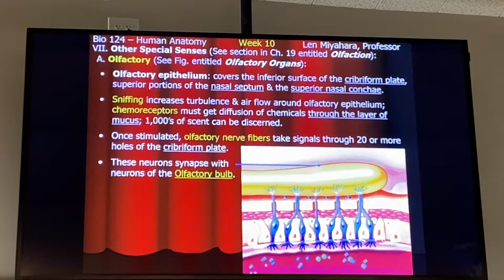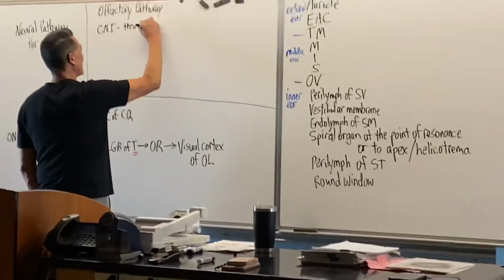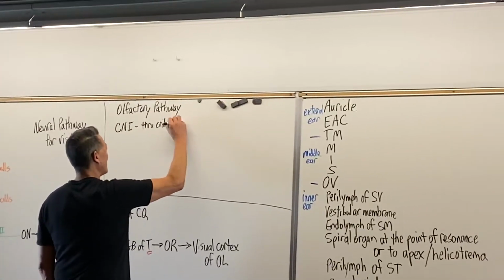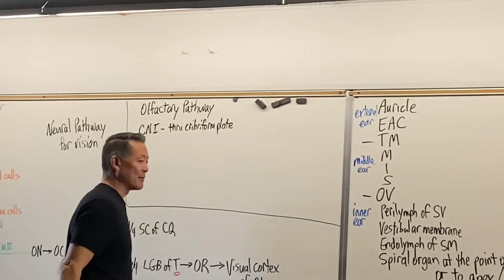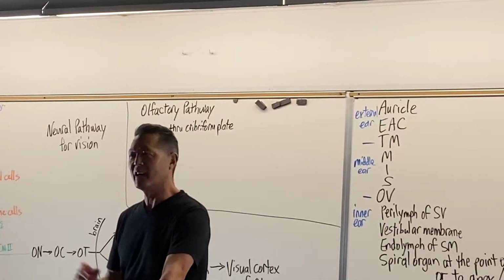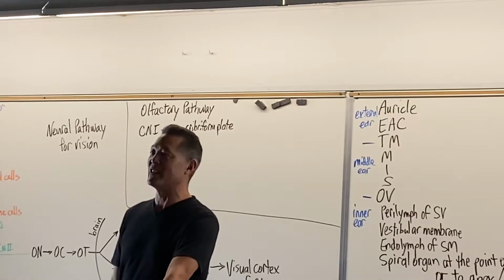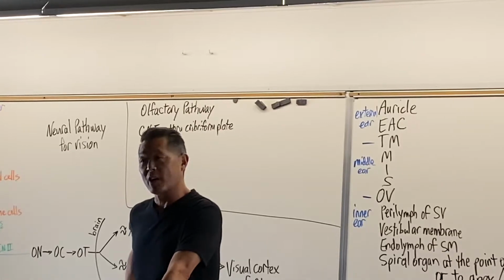So, cranial nerve 1 is actually going through the cribriform plate. And this is what I was telling you in lab. We use the models and we say, oh, the olfactory bulb and the olfactory tract, we call that cranial nerve 1. It's not. Look at this picture. The blue nerves are cranial nerve 1.